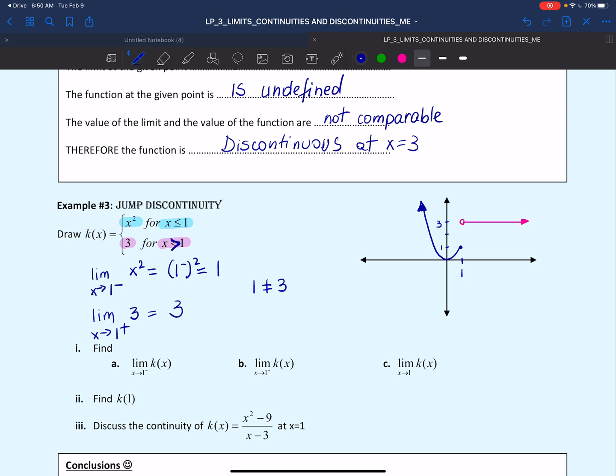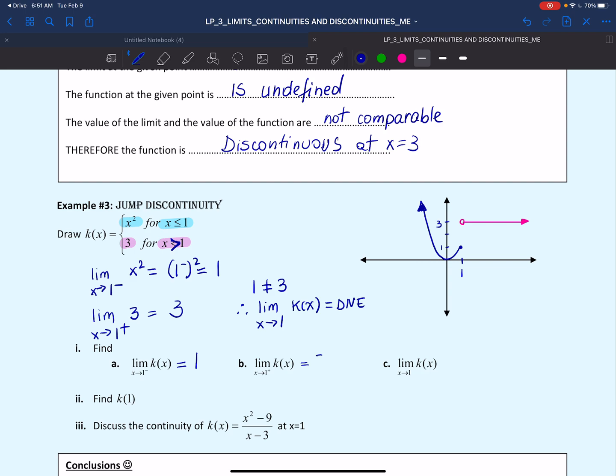So we're going to say that the limit as x approaches 1, for this particular function, k of x, doesn't exist, and the function has a jump discontinuity. So I'm going to say that from the left, the limit is 1.